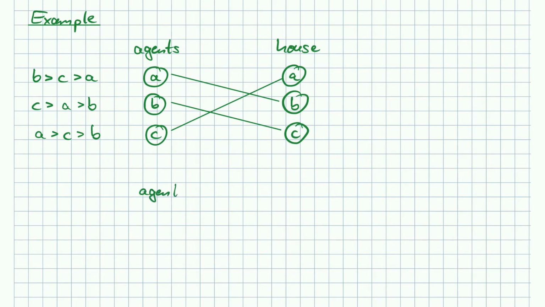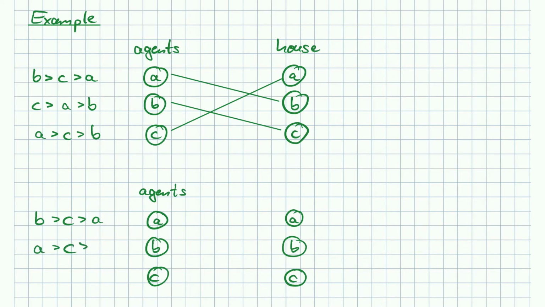So again, we have agents A, B, and C. Each of them brings a house, A, B, and C. And agent A now prefers house B over house C over house A, as before. But agent B now prefers house A over house C over house B.